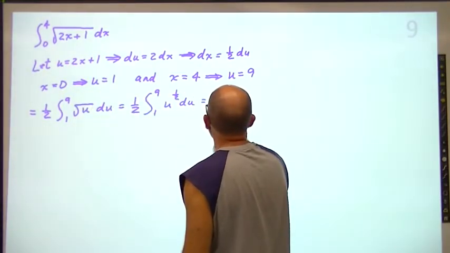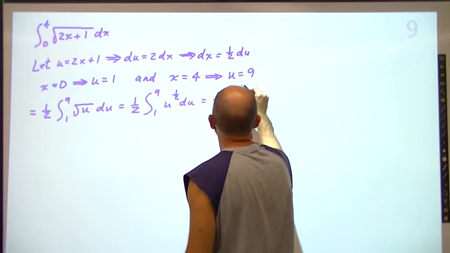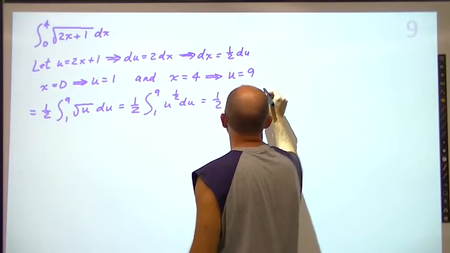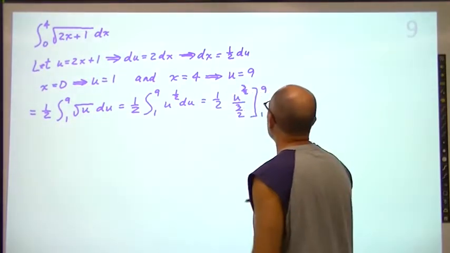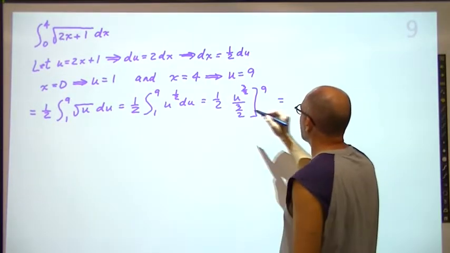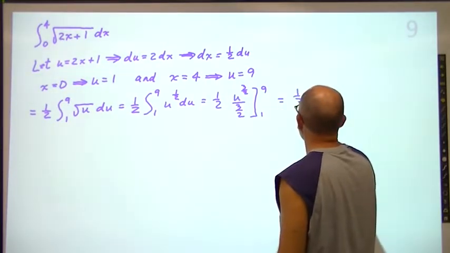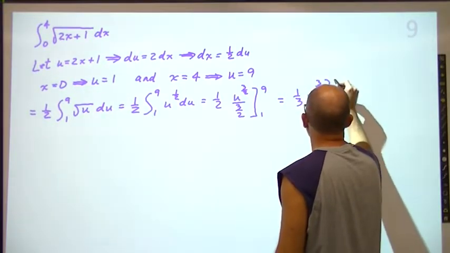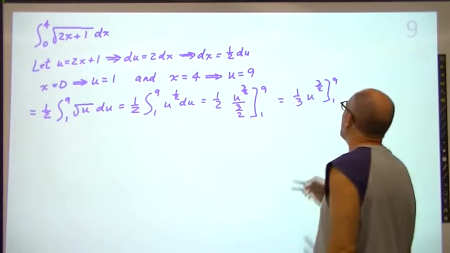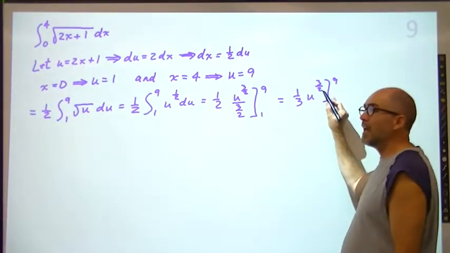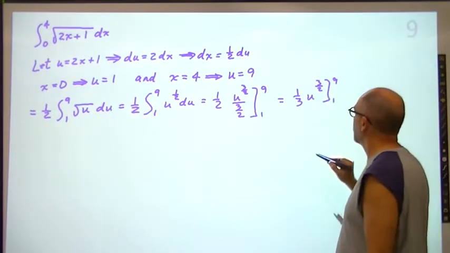now 1/2 times u to the 3/2 over 3/2. And you don't go plus C, you just go from 1 to 9. And so this is going to equal, flip the 2/3, so 1/2 times 2/3 is 1/3 u to 3/2 from 1 to 9. All right, now what is 9 to the 3/2? It's the square root of 9, which is 3 cubed.